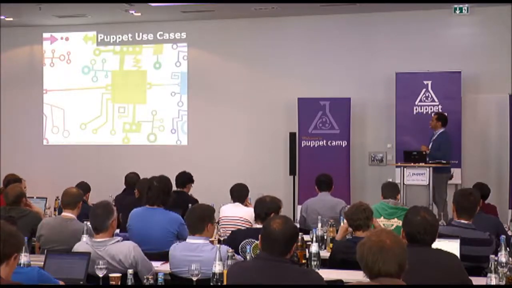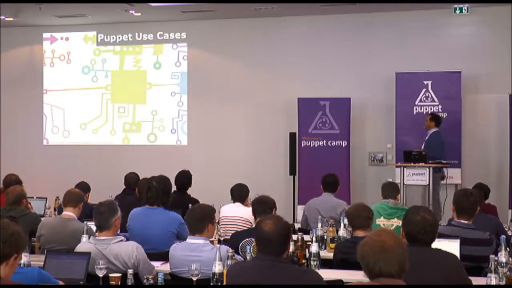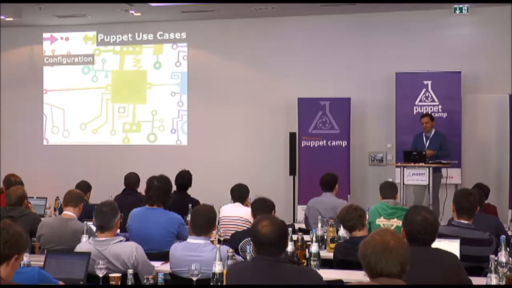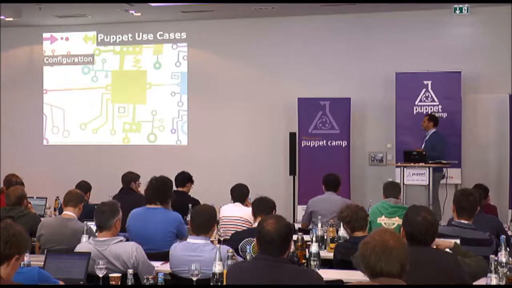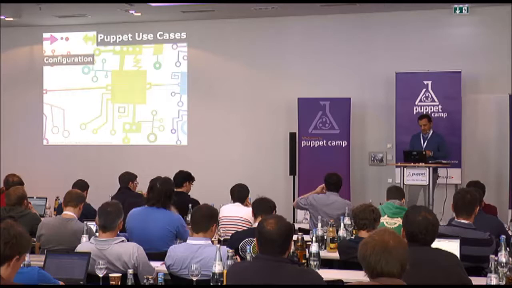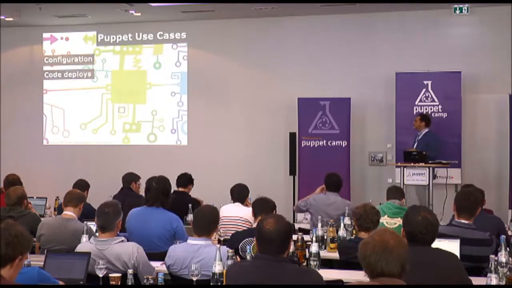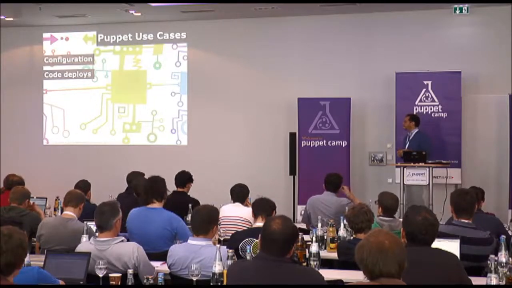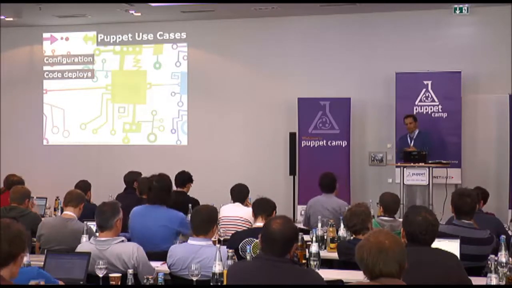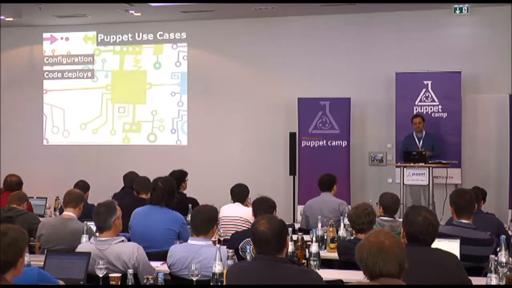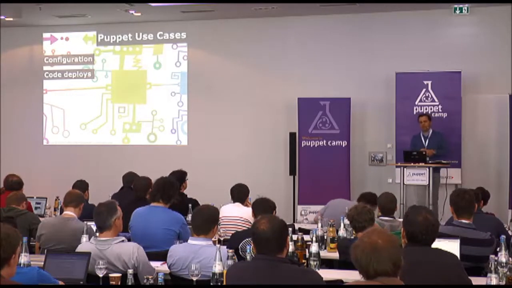How do we use Puppet? What are the use cases for Puppet? Well, pretty much everything. First, the basic configuration management, which I will go into next. Then code deploys. We use Puppet and all the Puppet environment to manage our deploys. I run operations at Server Density, and I don't even keep track of how many deploys we do per day.